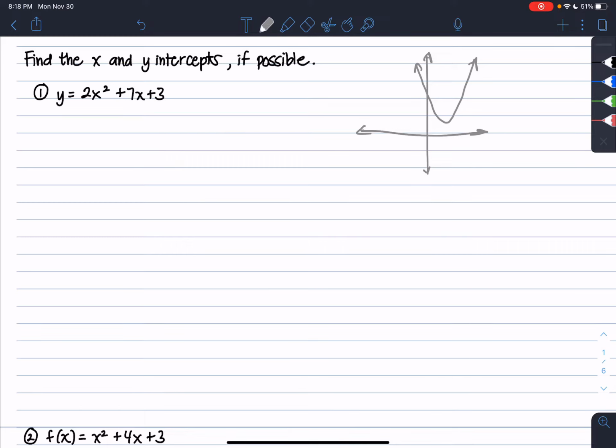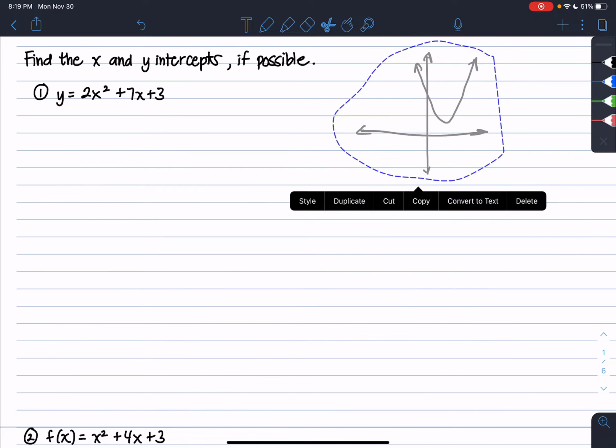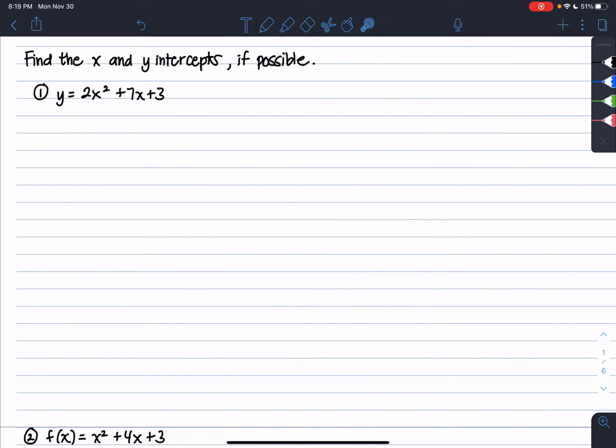If it's a floater, it doesn't cross the x-axis, then we say that there's no x-intercept. That would be an instance where the x-intercept is not possible. So that's just a really quick explanation for why it's included right here.